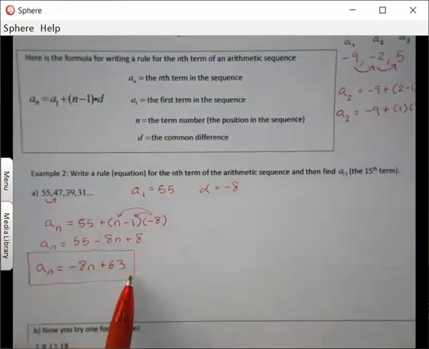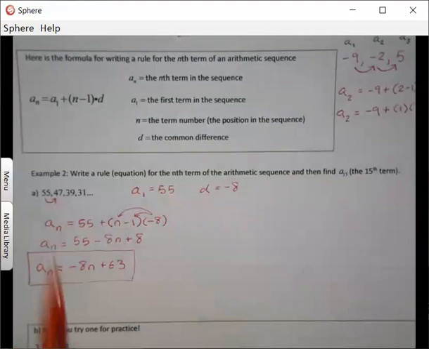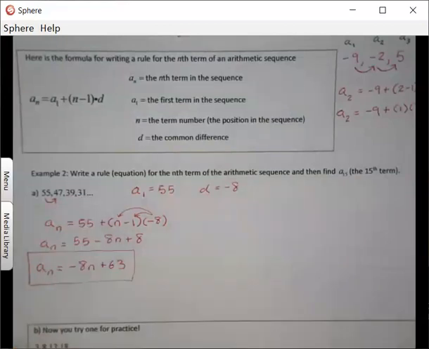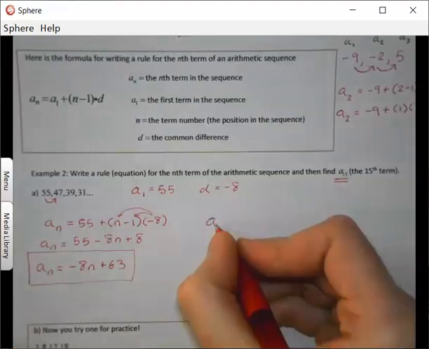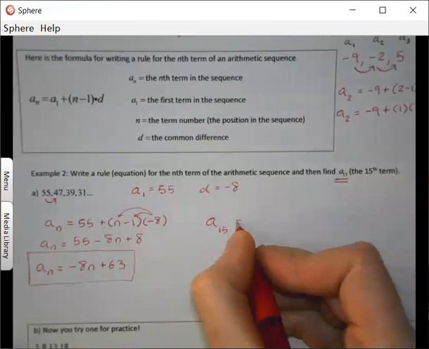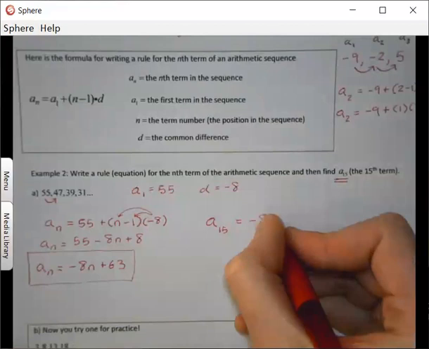So this equation is specific to this sequence. This will tell us any term in this sequence. So if we want to find the 15th term, we would say, well, a sub 15 is equal to minus 8 times n.